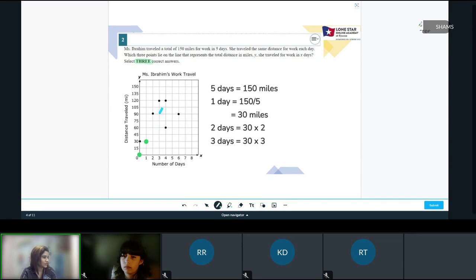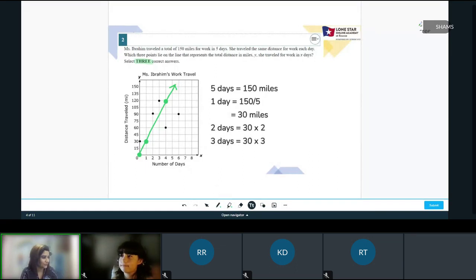There's no dot. 4 days, she travels 120. That works. These are the 3 correct dots. How do you know this is the right answer? If you create a line through the dots, it should be a straight line. If you can create a straight line through the dots, very likely your answer is correct.